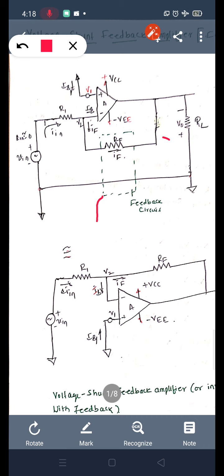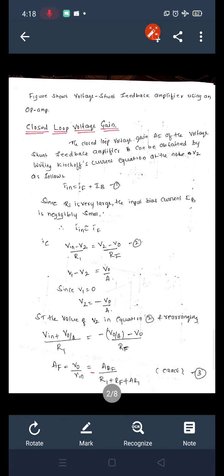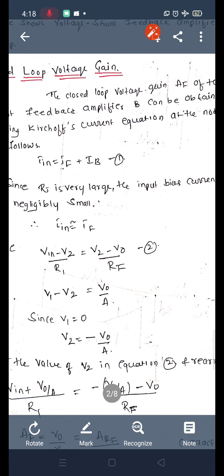Therefore we neglect the bias current, and the equation becomes: the input current is equal to the feedback current.